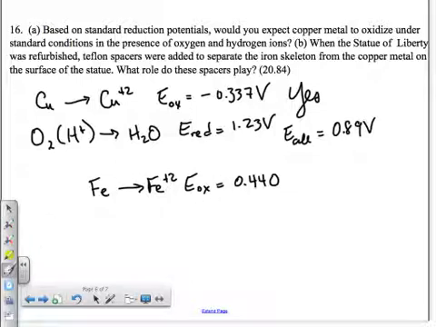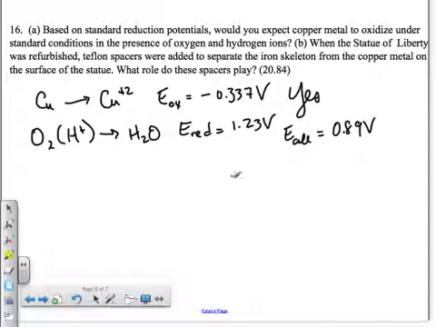Let me back up, because I left something out in my notes. All right, so let's look at iron versus copper. In 131 or 100, high school, wherever you've thought about the activity series before, iron is above copper on the activity series. That means iron gets oxidized and copper gets reduced.